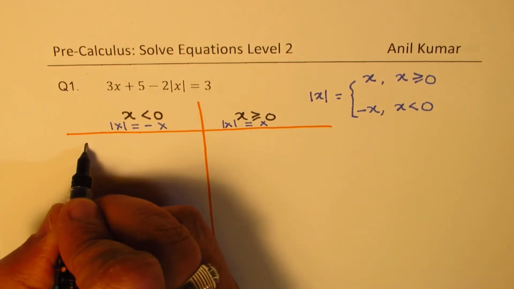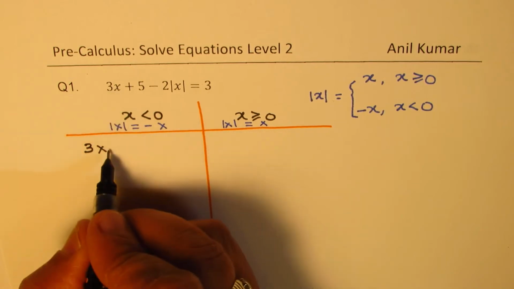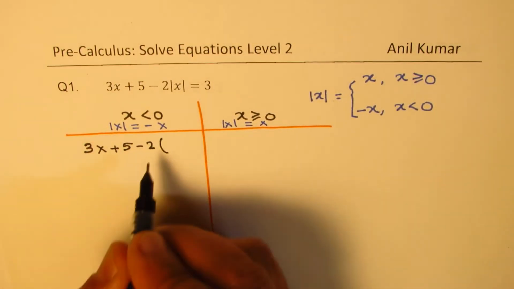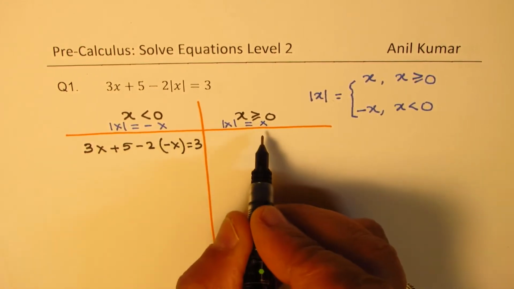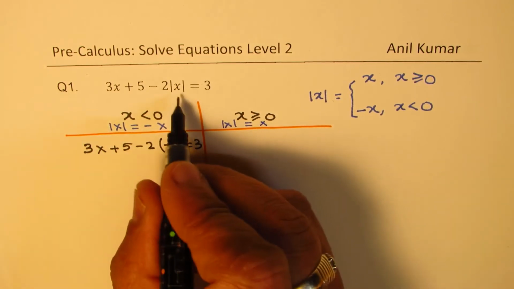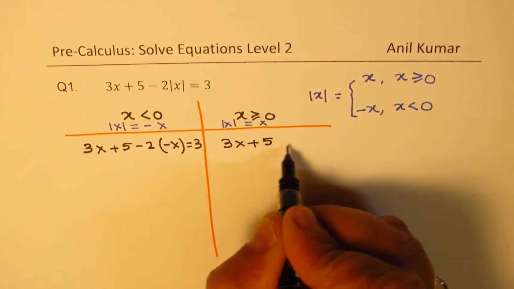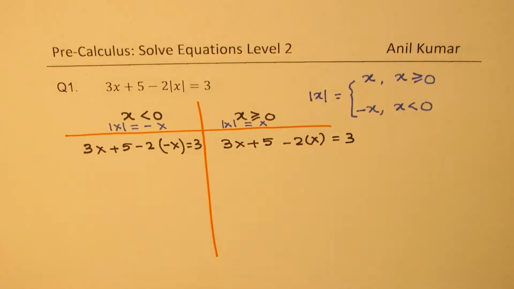So first, we'll see what happens on the left side of 0. So we get 3x plus 5 minus 2 times absolute value of x, which is minus x, equals 3. And on the right side, where x is greater than or equal to 0, it remains at positive x. So we could write this as 3x plus 5 minus 2 times x equals 3, correct?